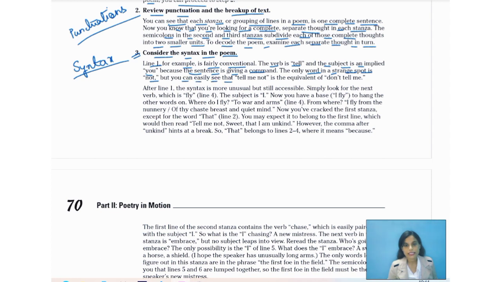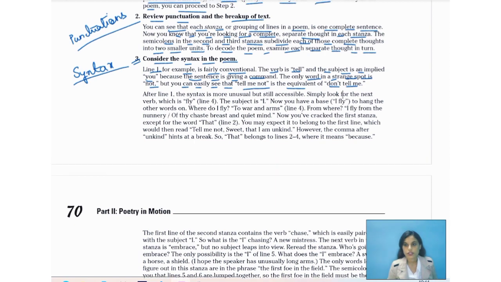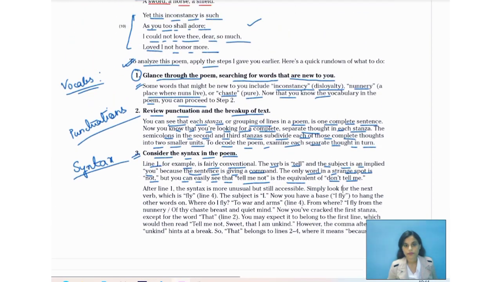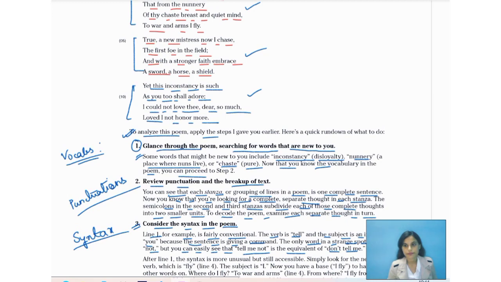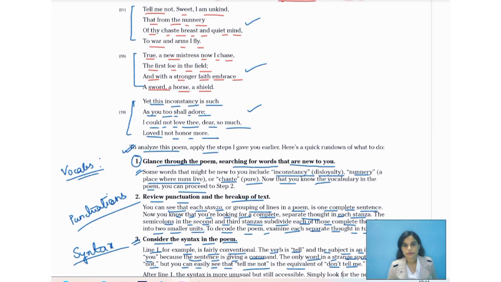But you can easily see that tell me not is the equivalent of don't tell me. This is there in the first sentence. Let's take a look at the first sentence which is provided. Yes, tell me not. This is the line we were talking about.